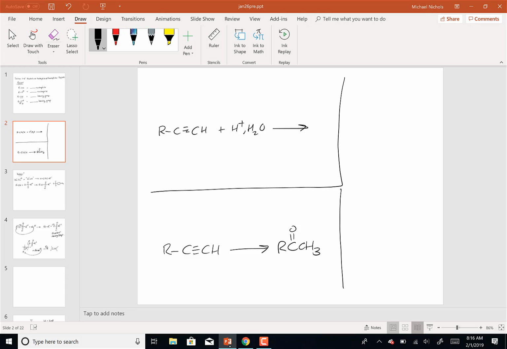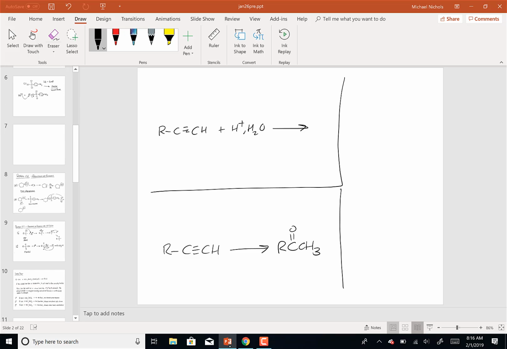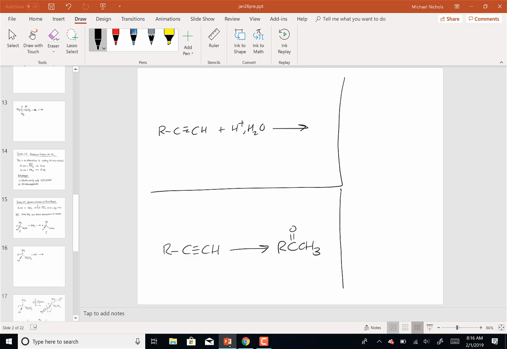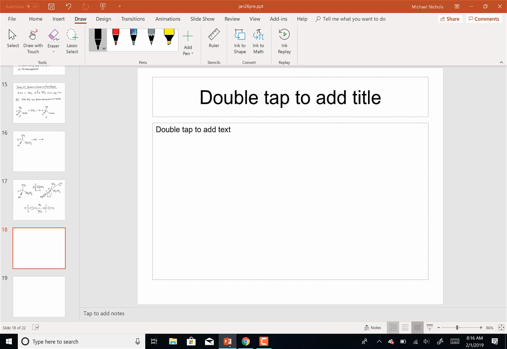Or actually, we're not quite done with the chapter yet. But some of these reactions of alcohols we have seen. So, for instance, let's look at question number. Let's look at C to begin with. So, question C is.